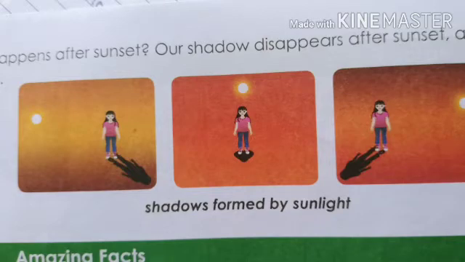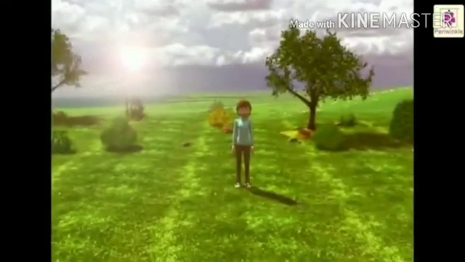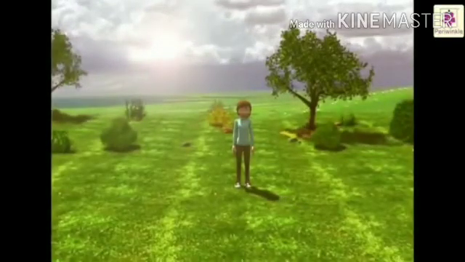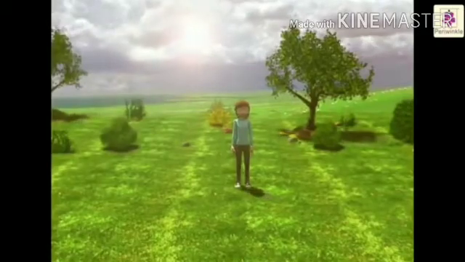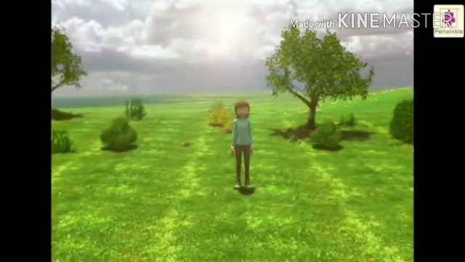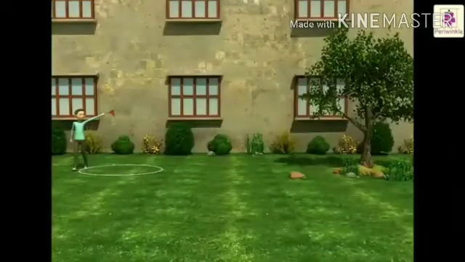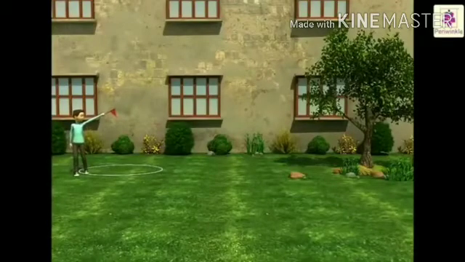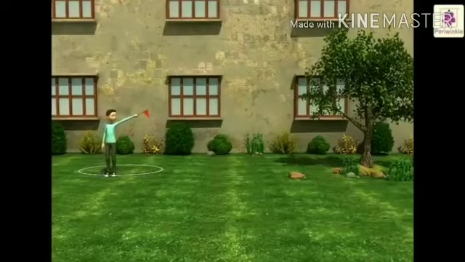Go through this video. Go out in the sun at different times of the day and observe your own shadow. Move in different ways and see how your shadow changes. Play games with your shadow.